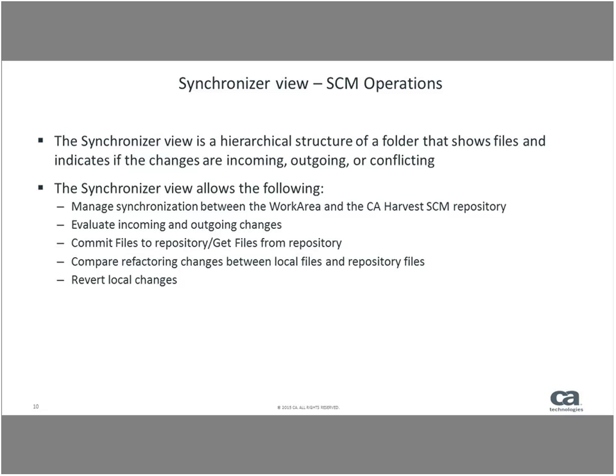It allows the developer to manage synchronization between the work area and the Harvest repository, evaluate incoming and outgoing changes, commit files to the repository, get files from the repository, compare refactoring changes between local files and repository files, and revert local changes. All these I will cover in the demo in a detailed way.